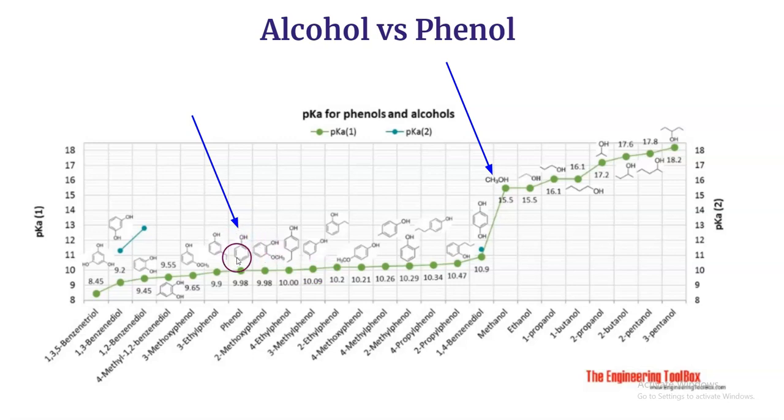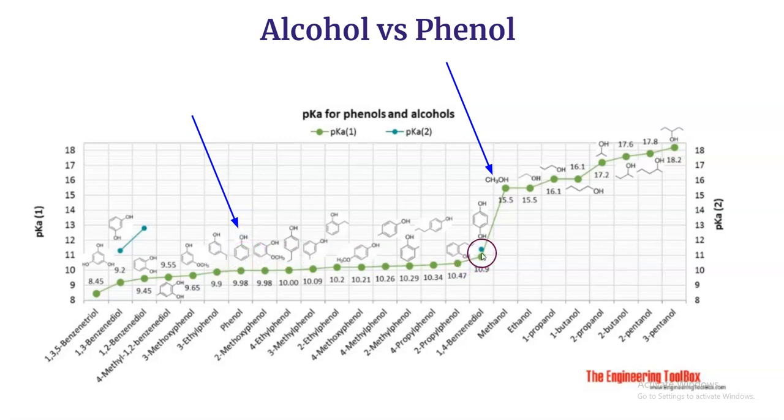The phenol that we talked about earlier, the OH connected to the benzene, is right here, and the pKa value is around 10, like we discussed before, and you can decrease the pKa value and make phenol more acidic, or increase the pKa value or make phenol less acidic by introducing different electron donating or electron withdrawing groups in the ring, okay? But the phenol that we talked about earlier is right here, the simplest of the phenols.